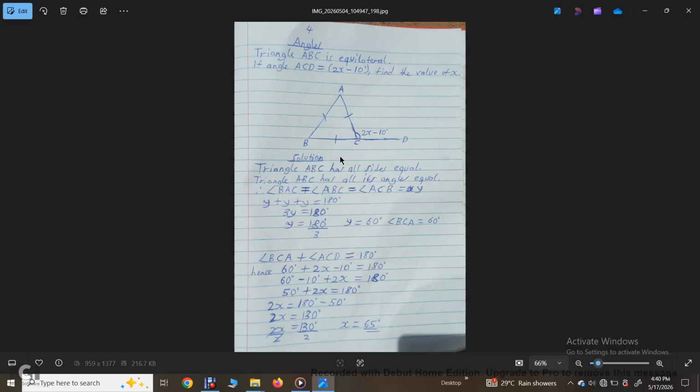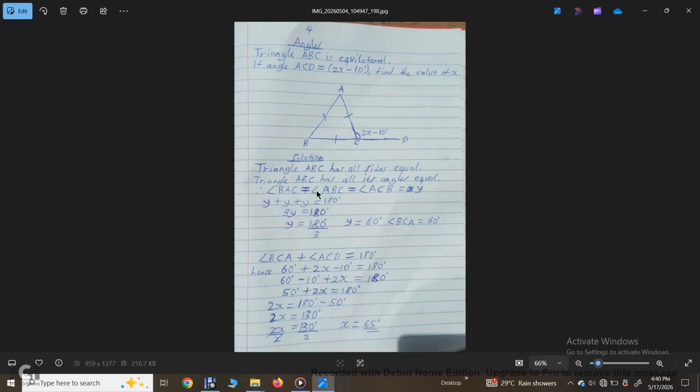So, solution. To solve the question, triangle ABC has all its sides equal, and all its angles equal, like I said. Since it's an equilateral triangle, all its three interior angles are the same.